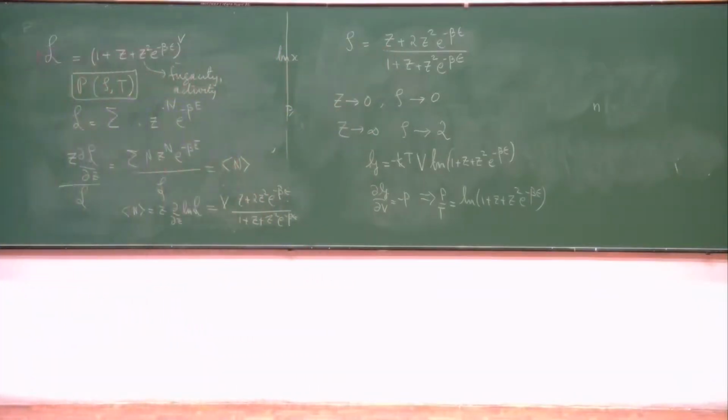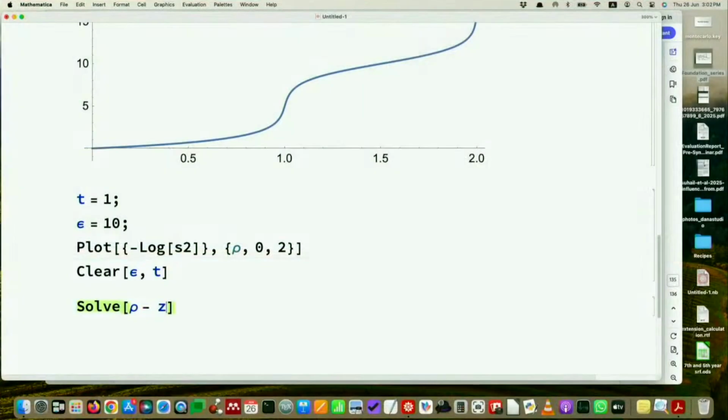So solve rho minus z plus 2z square, exponential minus epsilon.